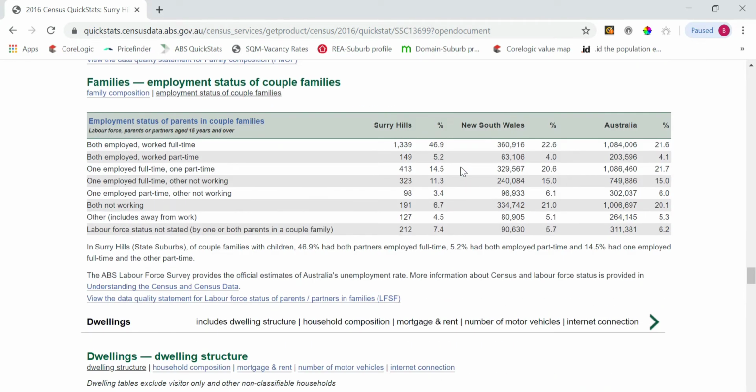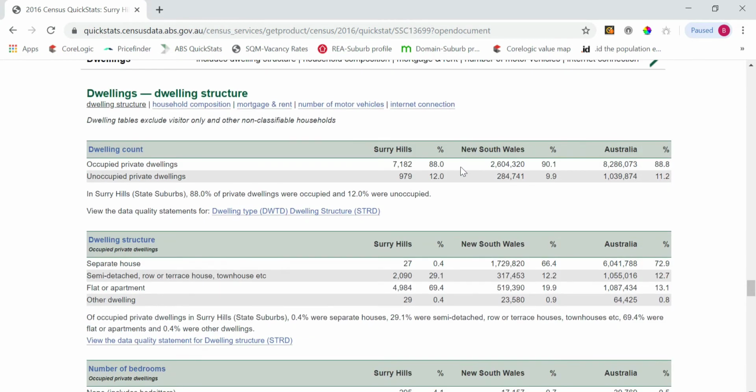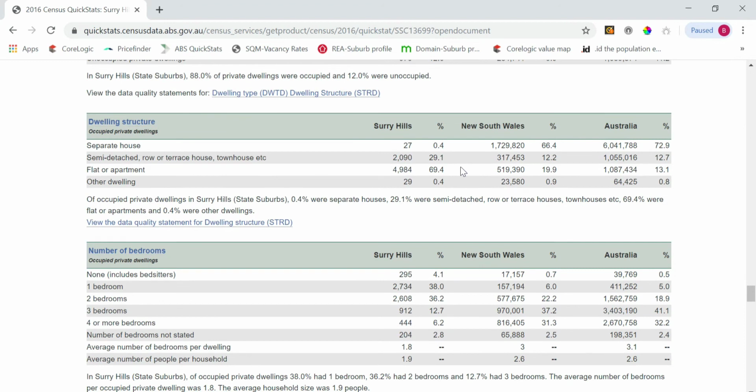The other stuff that I really like to get an idea of is around dwelling structure. Okay, so if I scroll down almost to the bottom here, you can see that of the properties there at that time, separate houses, so standalone houses, were less than 1%. Semis, townhouses, and terraces are almost 30, and then around 70% are flats or apartments, right?